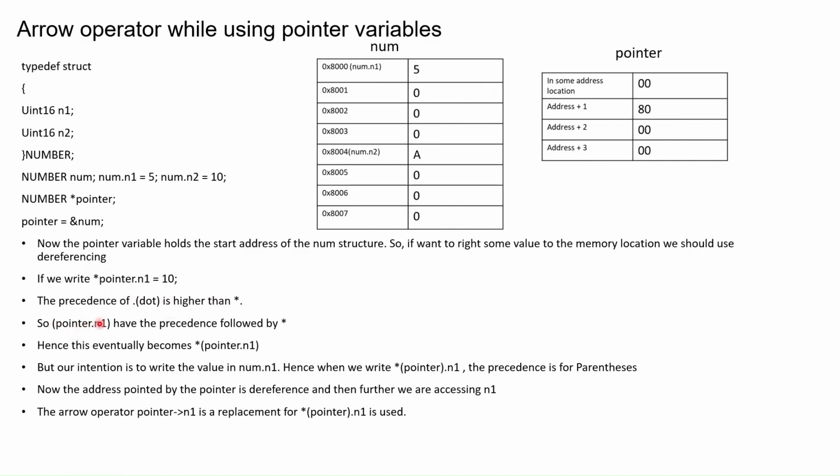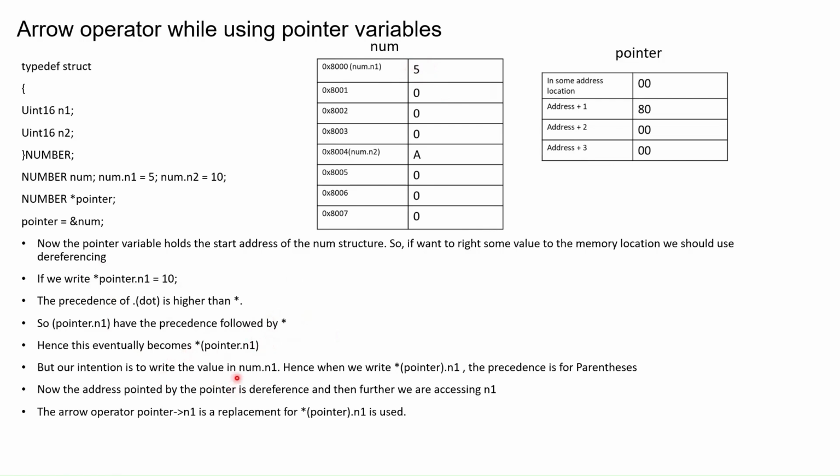It first evaluates pointer.n1, and then it takes the star. If you don't put parentheses around this, the compiler takes it in the format *(pointer.n1). If pointer.n1 held an address, then the value stored at that address could be dereferenced, but that is not the case, because this is a value, so this is basically a syntax error.